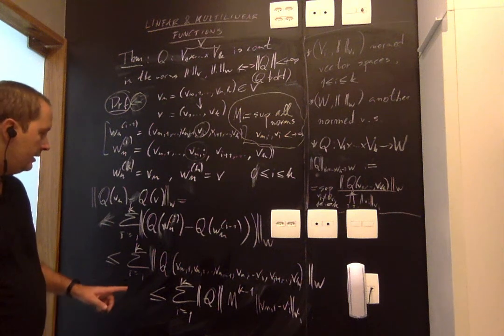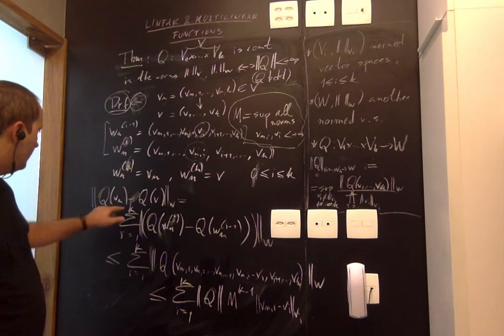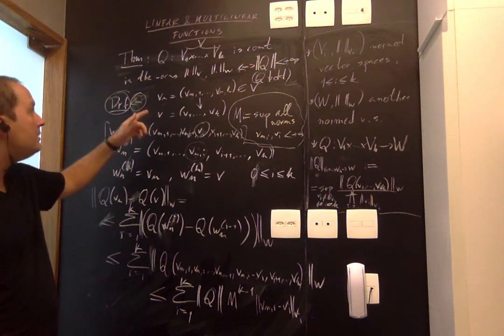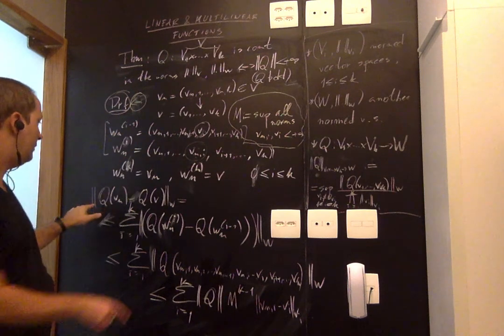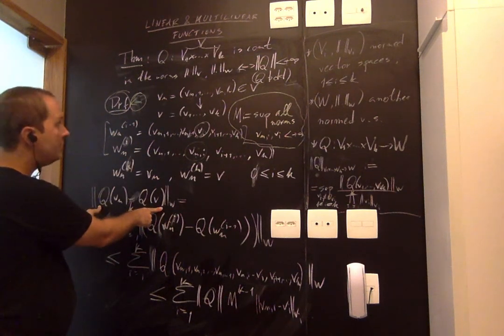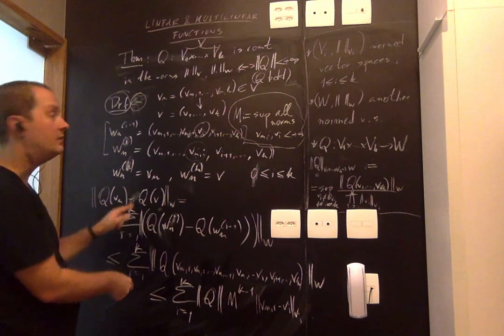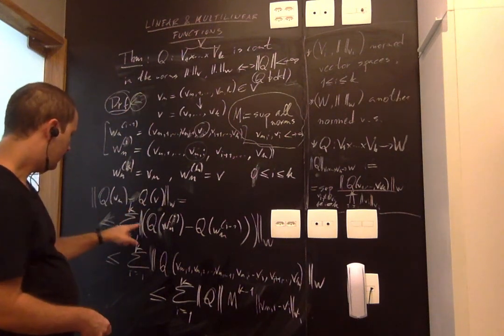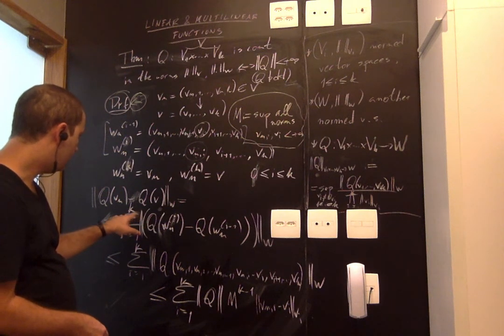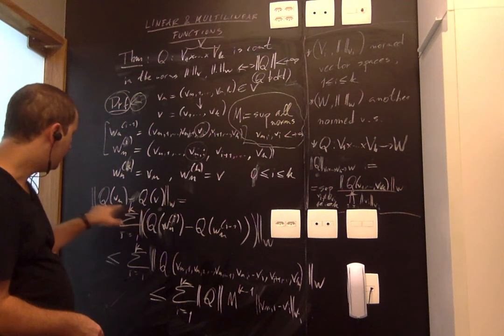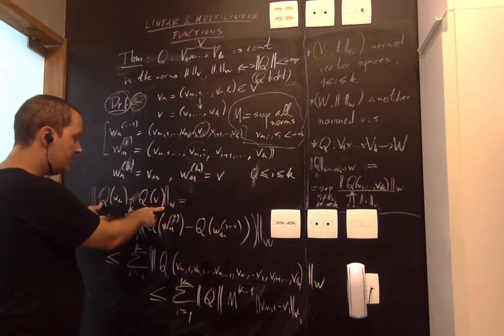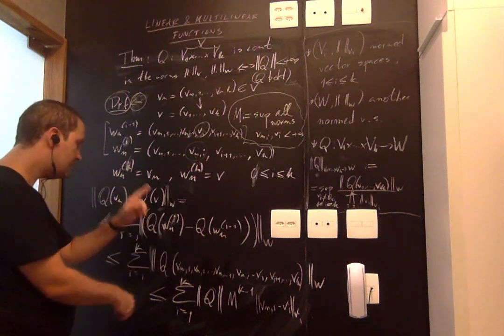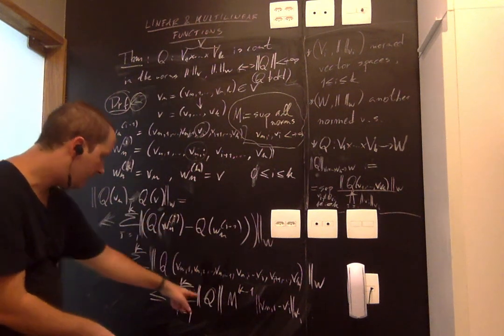Okay, what's going on here? In order to prove that Q is continuous, assuming that it's bounded, I want to show that this thing here is going to go to 0 as n goes to infinity, right? And now what am I doing? I'm saying, okay, take this, bound by the sum of differences, and I have this expression.